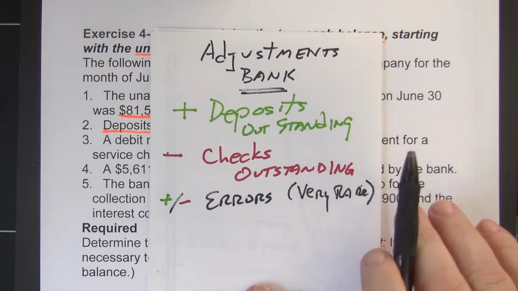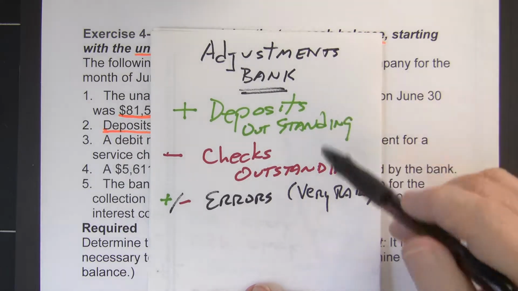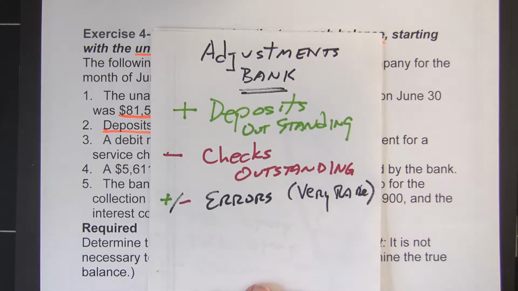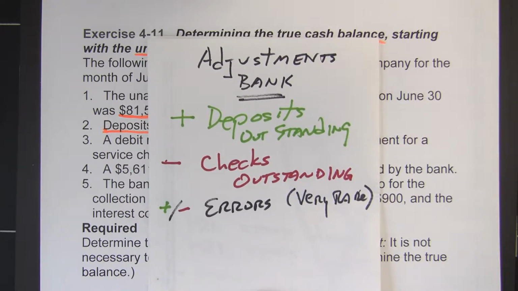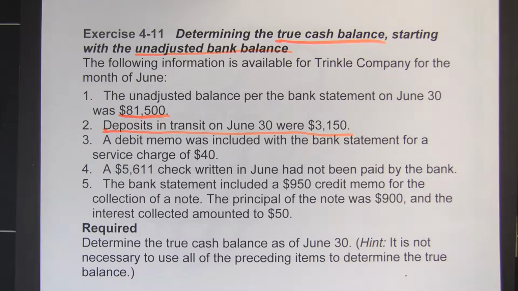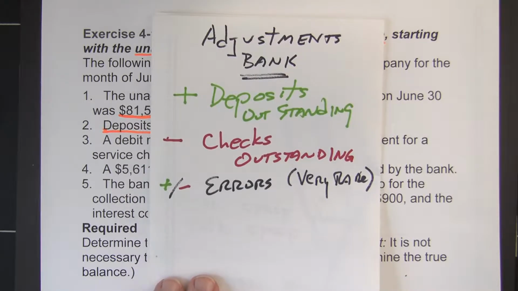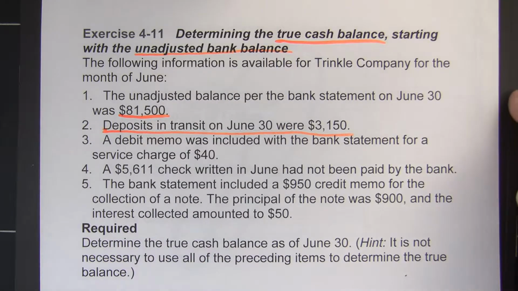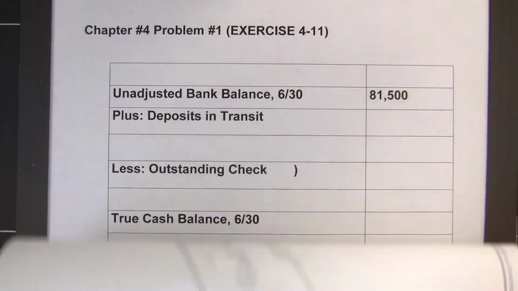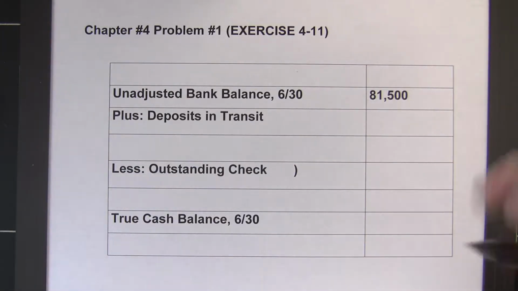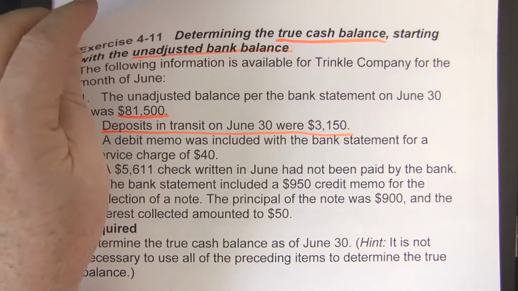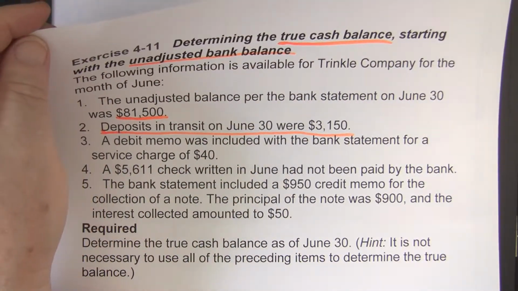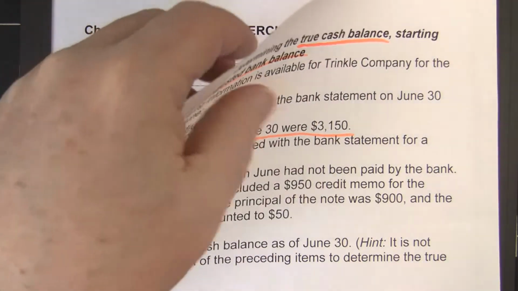There's always the odd one that pops up, but they're the big three for adjustments for bank statements. So, deposit outstanding is this one. Our chart says we add that. So let's add our deposit in transit. And what was it? $31.50.